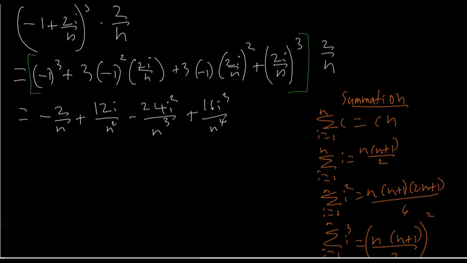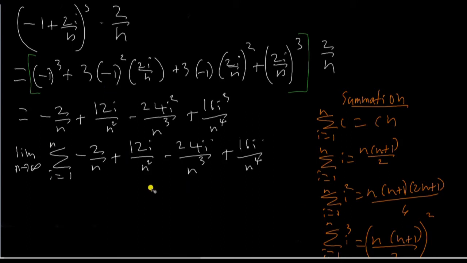And remember, we're not just finding this, we're finding the limit of the sum. So the full problem is asking for the limit as the number of rectangles approaches infinity of the sum of this stuff here.